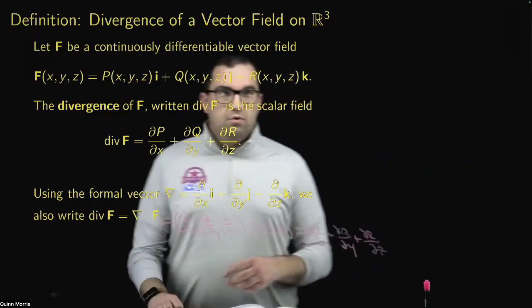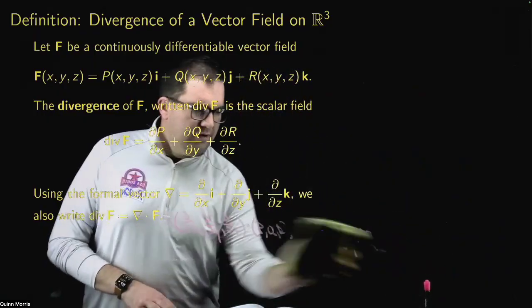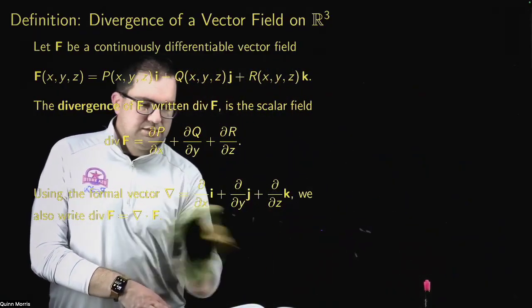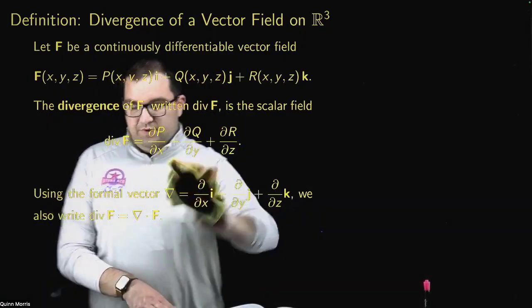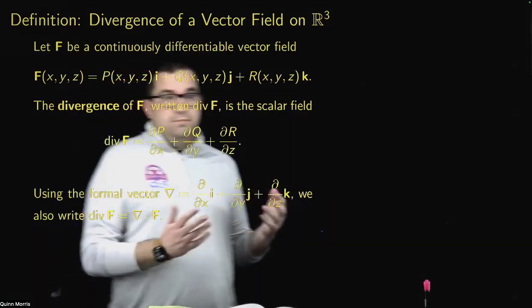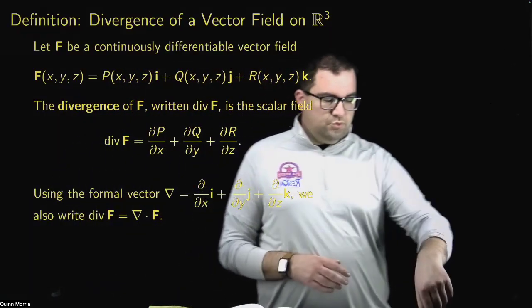Okay. So once we have this, we can very easily compute the divergence of a vector field. In fact, it's much easier than computing curls. You don't have to take some cross product.